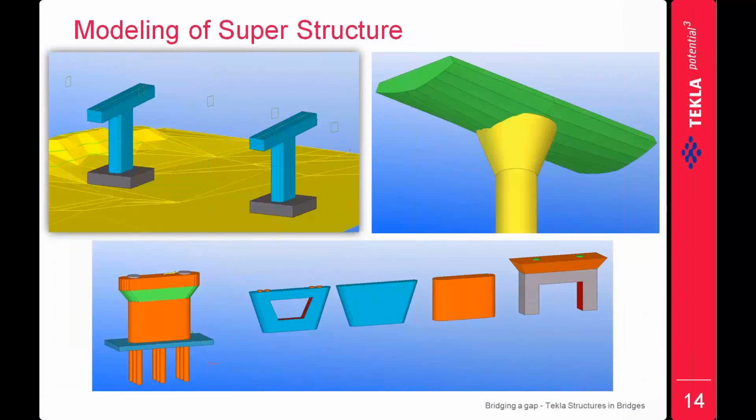And then for the superstructure side, some options are available, where the user can very quickly model the superstructure. Different types of pier options are available, where one can see options like the semicircular one, the square one, and even the tapered, and even with some openings, or the user-defined shape and size can also be modeled very quickly over here.